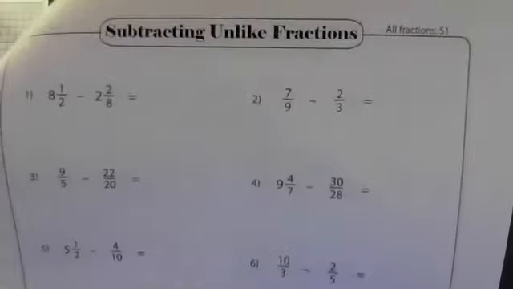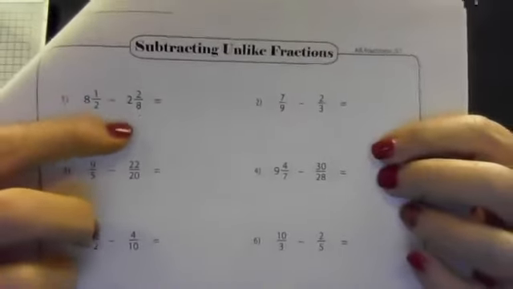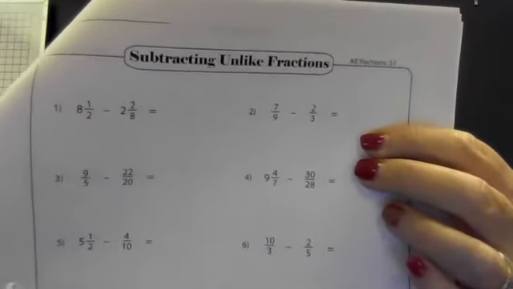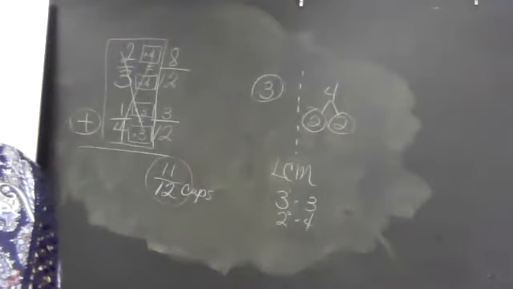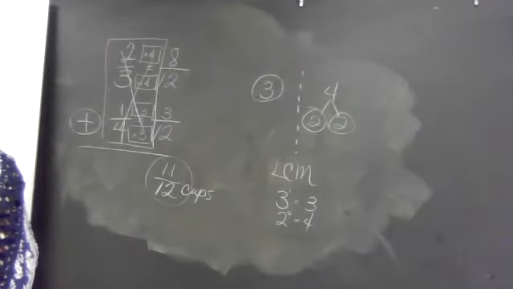Page 21 now includes mixed fractions. So just to remind you, let's do number 1 on this page. Subtracting unlike fractions. And the first one starts 8 1/2 minus 2 2/8.